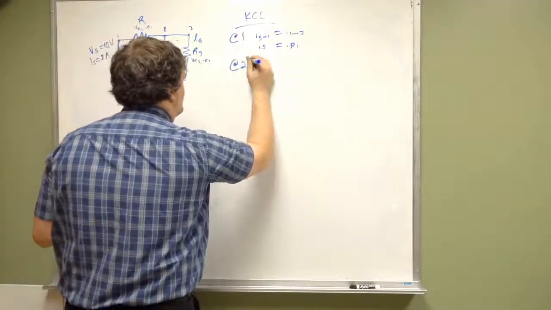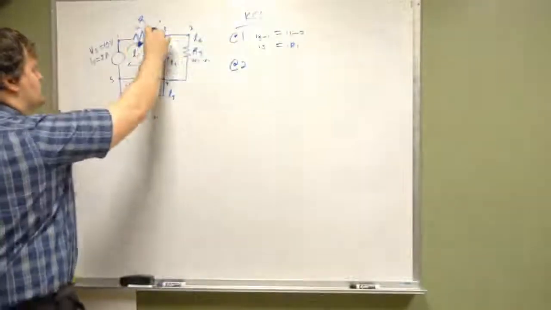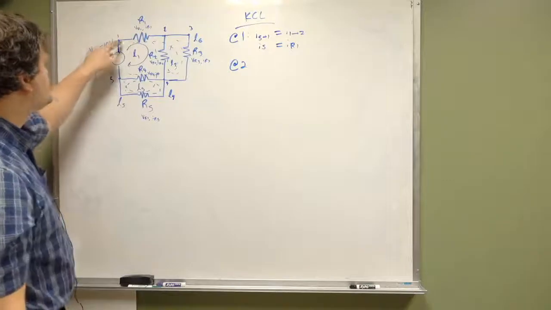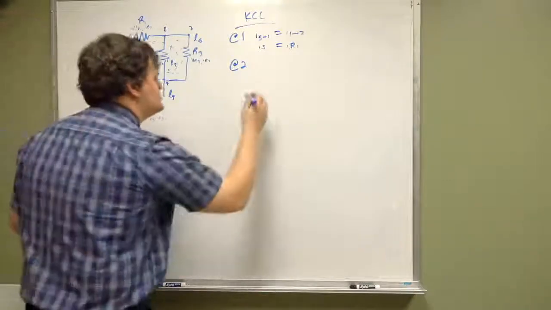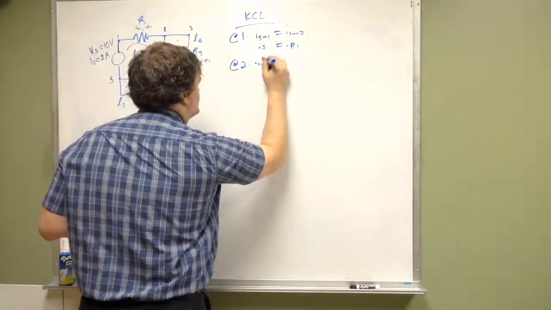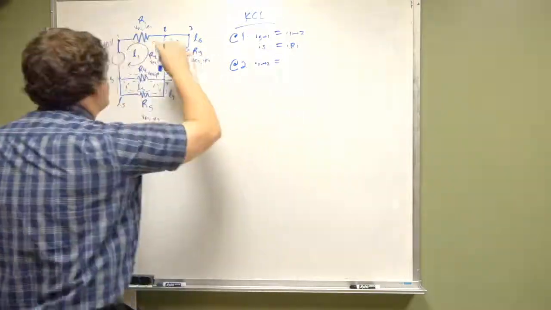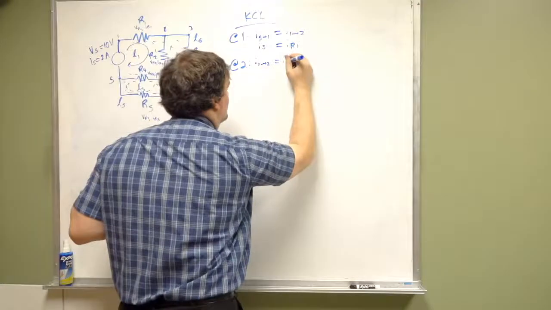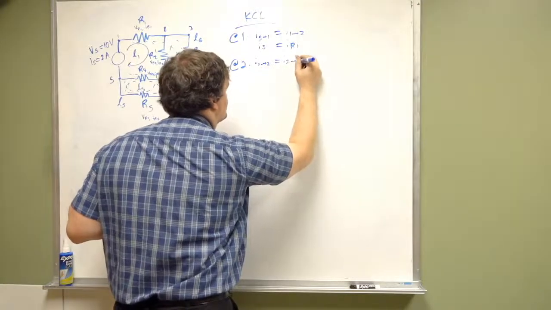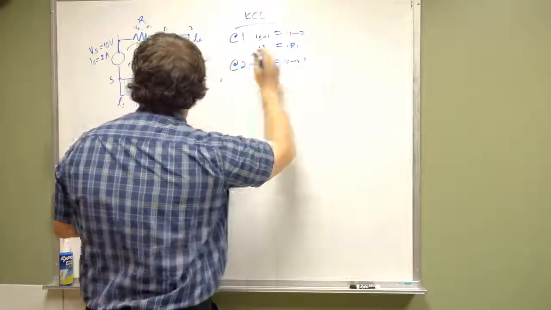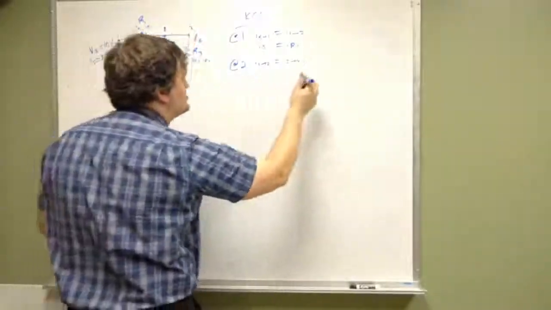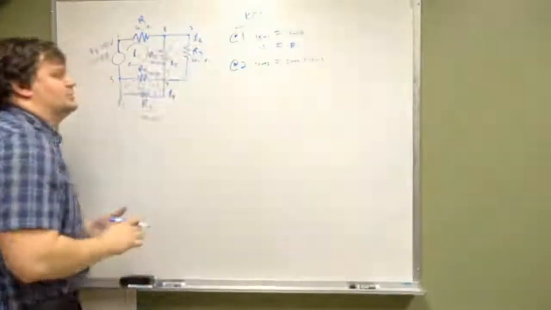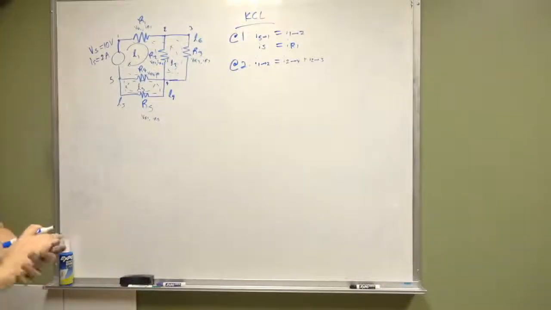All right, so at node number 2, we have one current coming in. It's the current coming from 1 to 2, so I1 to 2. We have two currents going out. One from 2 to 4, I2 to 4. And then we also have a current going from 2 to 3, I2 to 3.